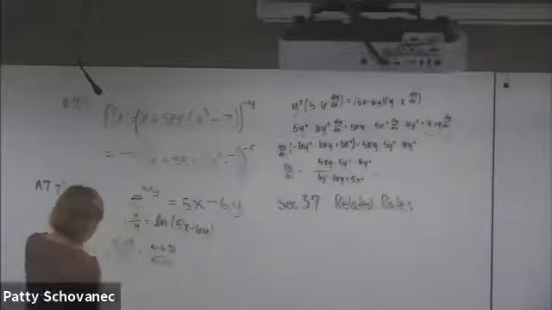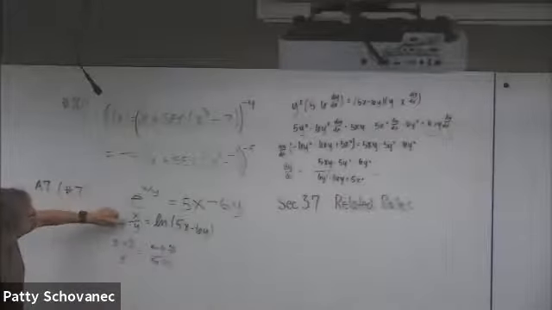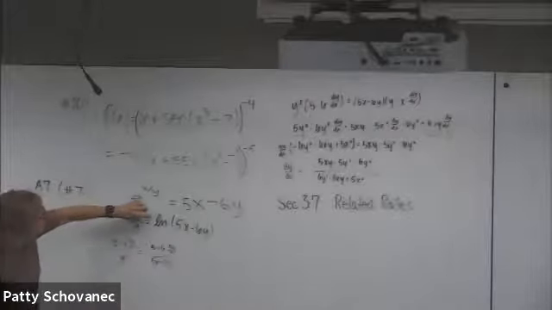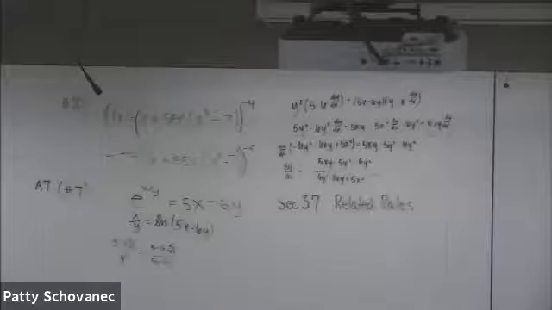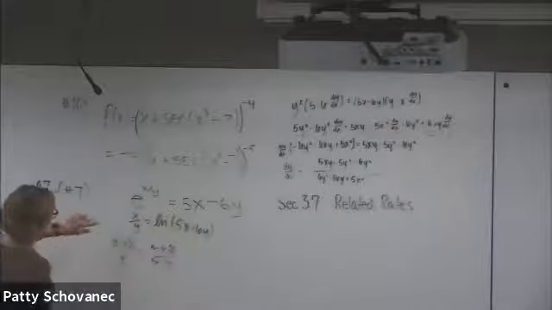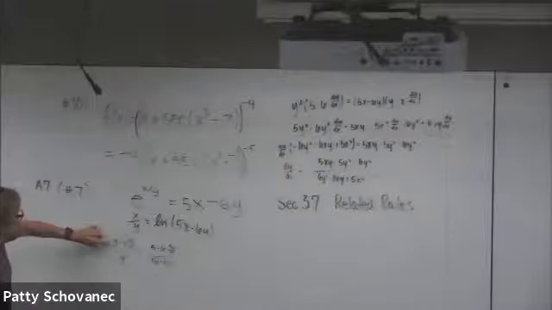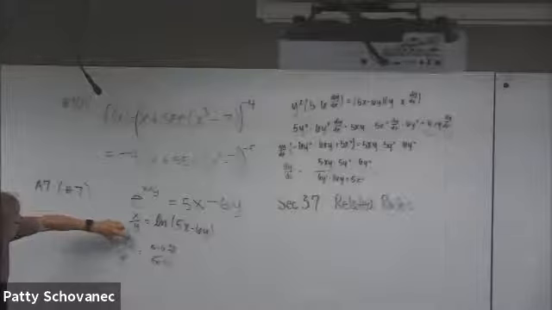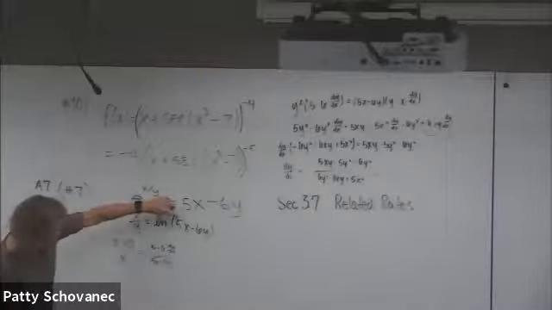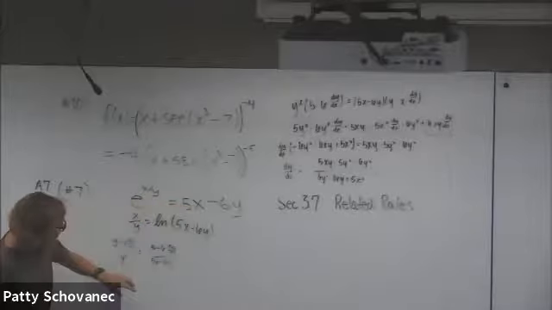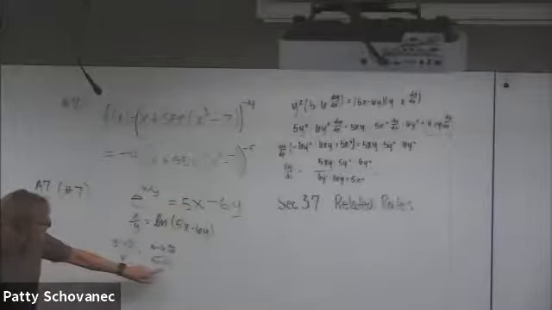Let's figure out where. Okay, natural log of both sides, x over y, natural log of that. Let's see the original problem. Make sure we took it down right, 6y. And then bottom times the derivative of the top, minus the top times the derivative of the bottom, over the bottom squared. Derivative inside is 5 minus 6y prime, 5x minus 6y.